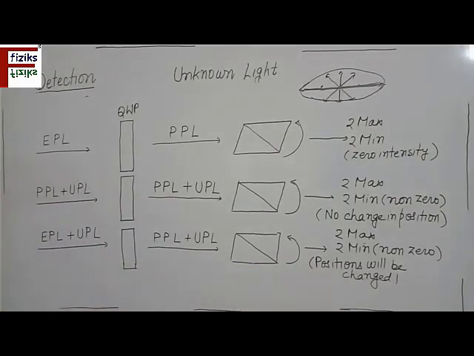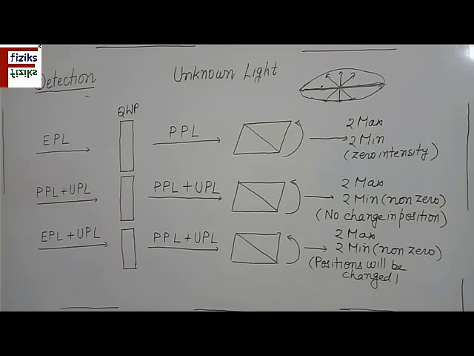Now I can summarize this case 3. If the unknown light is first passed through the rotating Nicol, on the emergent side we get two maxima and two minima with non-zero intensity.